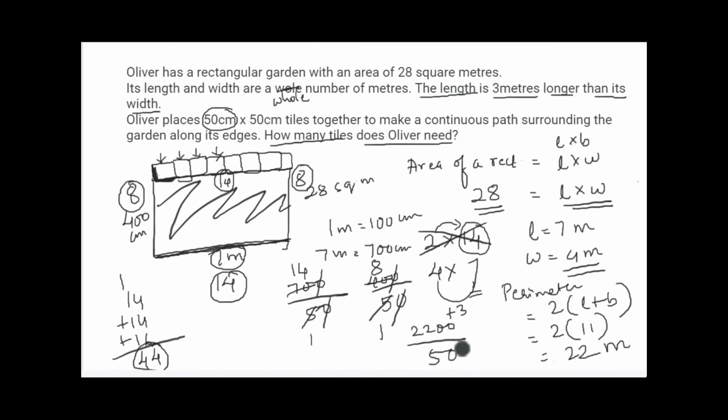Again, divide by 50 to find how many tiles can fit. So 5 times 1 and 5 times 44. So here also you get the answer as 44. So both ways you get the same answer. So how many tiles does Oliver need? She needs 44 tiles to surround the garden along its edges to form a continuous path.